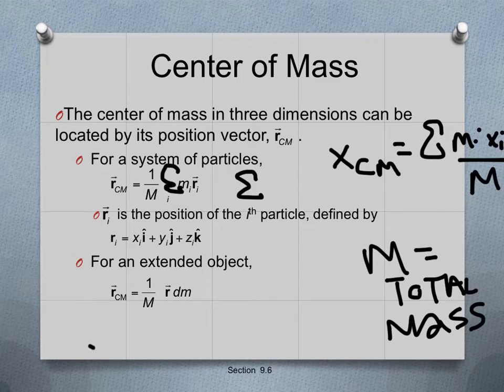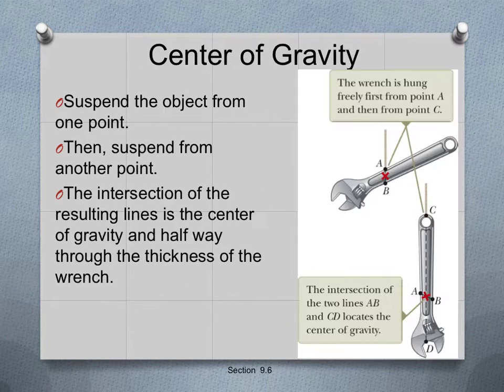In case we forgot what the position vector looks like, remember it has the x direction, the y direction, and the z direction. Finally, for an extended object where we assume a constant mass distribution, ultimately that becomes 1 over the total mass times the integral of the position vector with respect to mass, so r dm.